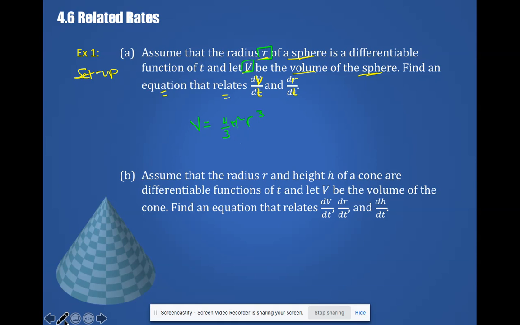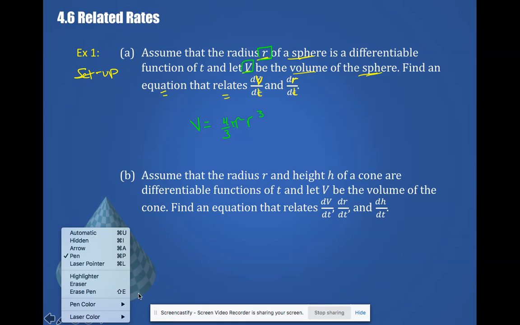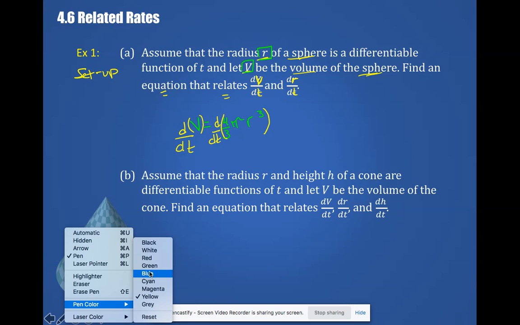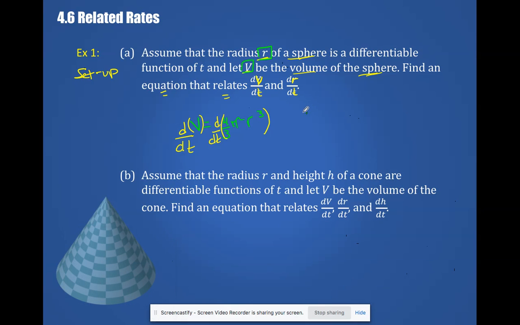It is just a geometry equation. You need to get calculus into there. Take the derivative with respect to time of the left side. Take the derivative with respect to time of the right side. So the left side just looks like dV/dt.